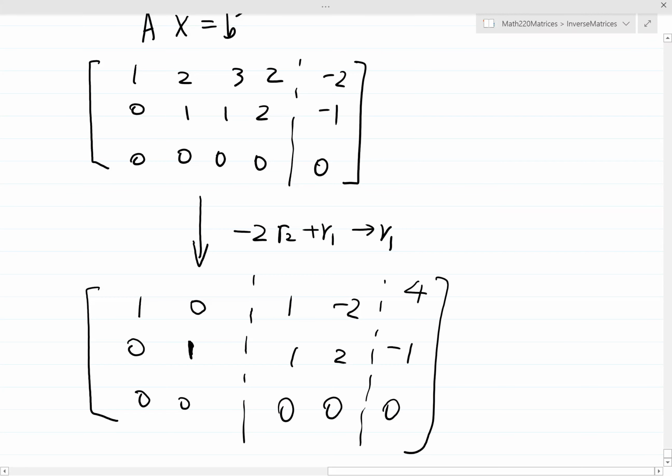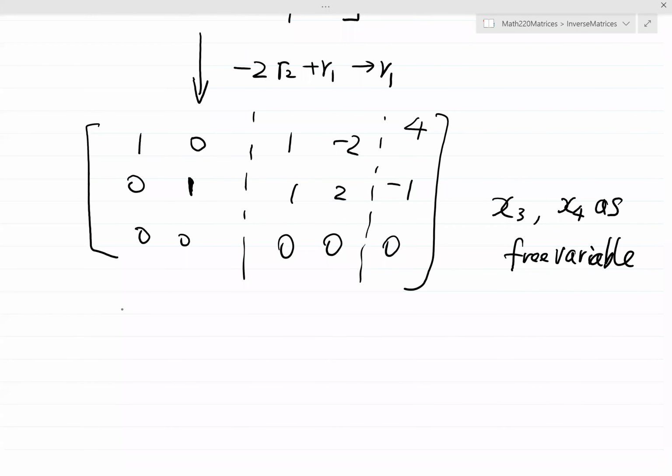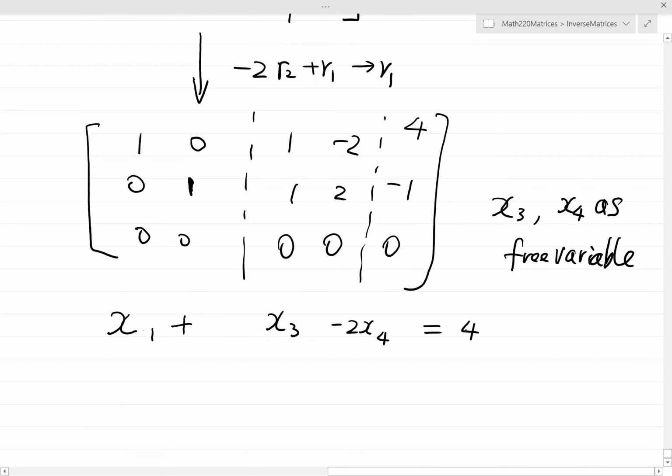In this case, we choose x3 and x4 as free variables. Then you see the first row says x1 plus 0 x2 plus x3 minus 2x4 is 4. The second row says x2 plus x3 plus 2x4 equals negative 1.